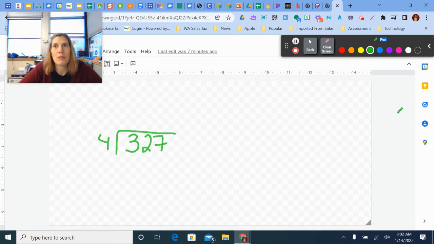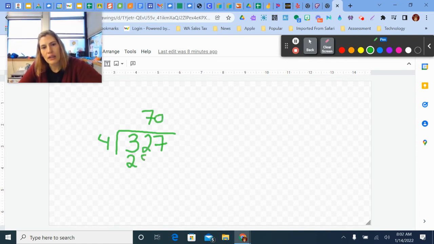So I'm going to think about my multiplication, and I know that 4 times 7 is 28. So if I thought of 4 times 70, I know that would be 280. That's a pretty big chunk. So I'm going to put my 70 up here, and I'm going to have my 280 down here. I'm going to subtract it.